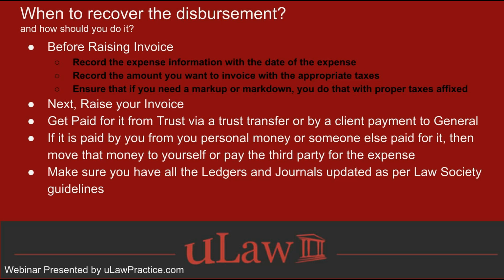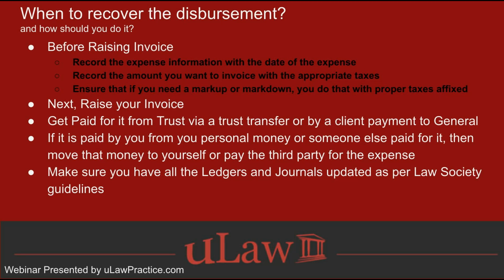This is a point I would say, there are two types where you could directly do a trust payout, or you could do a trust transfer, and you could get yourself paid via trust transfer, or ask the client to pay it into your general account. Now that is the way you get paid.